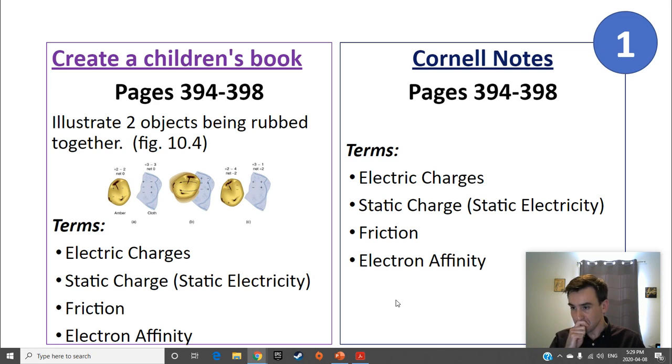Now, when you're describing what's going on in that diagram, you have to use the terms electric charge, static electricity, friction, and electron affinity. For the Cornell Notes, you have to read those exact same pages and make sure you get those same definitions.